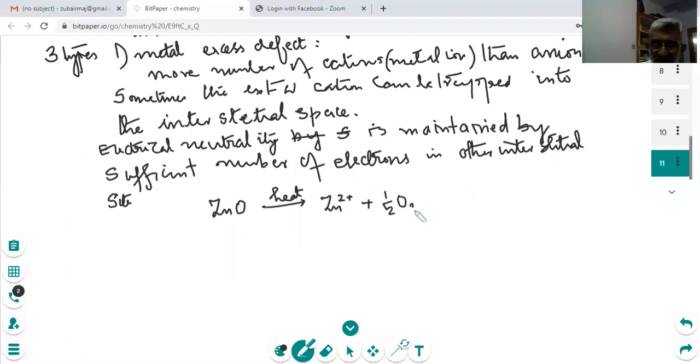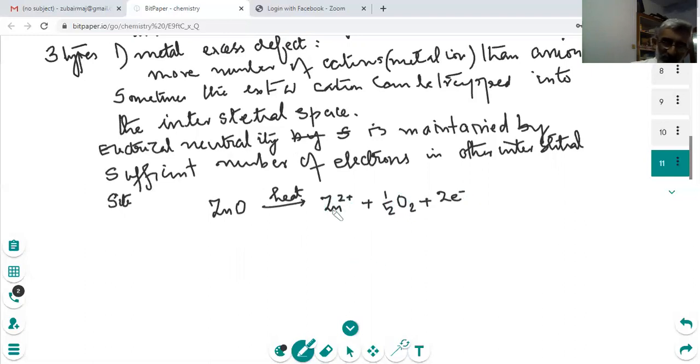Half a mole of oxygen is leaving, and when the oxygen leaves, it leaves 2 electrons back in the crystal.